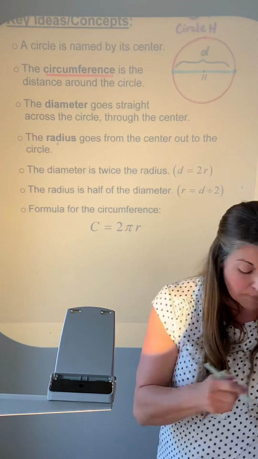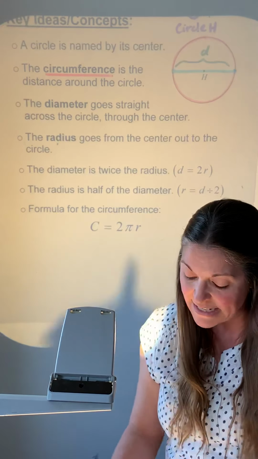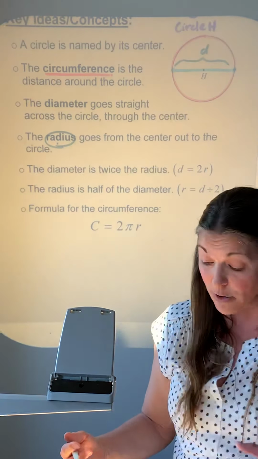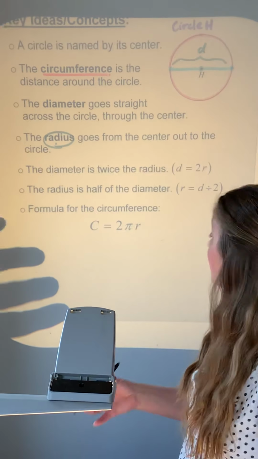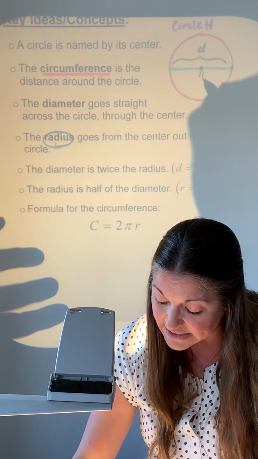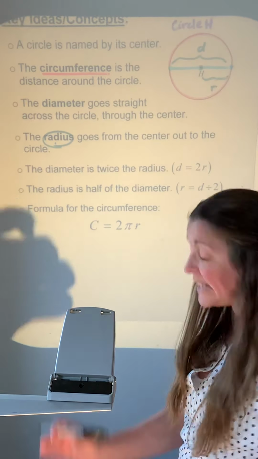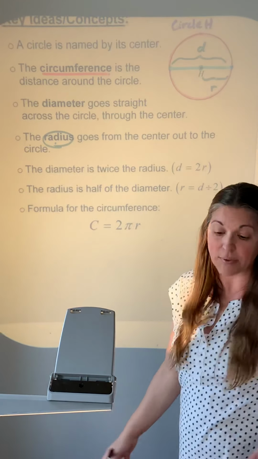But when we talk about a radius, the radius is really just a part that goes from the center out. So a radius is actually just part of the diameter. It starts at the center and goes out to the side. So you've got the radius as the small one and the diameter as the big one, okay?